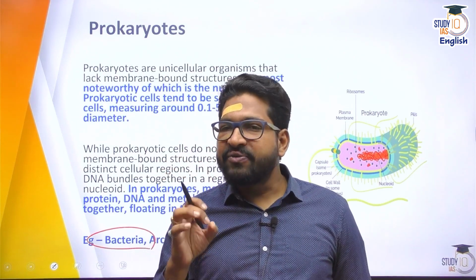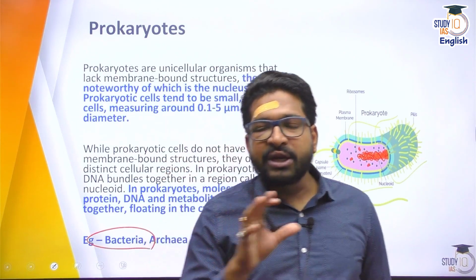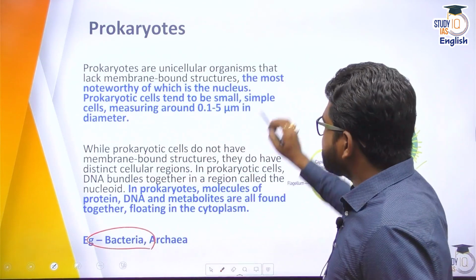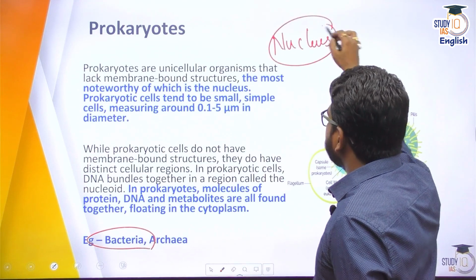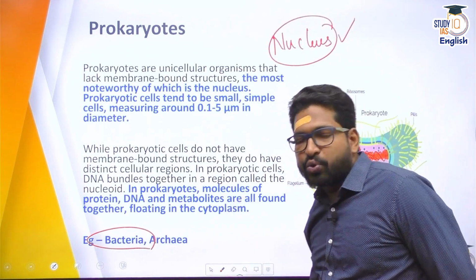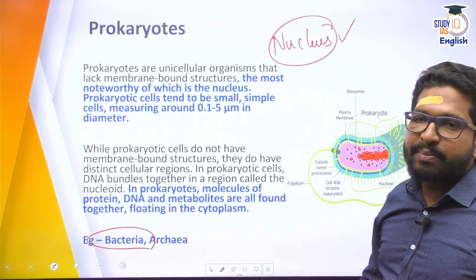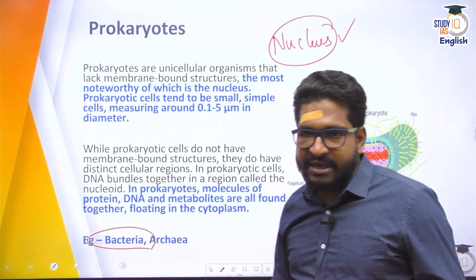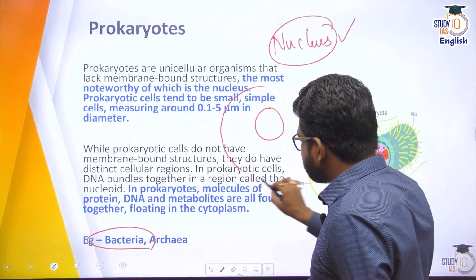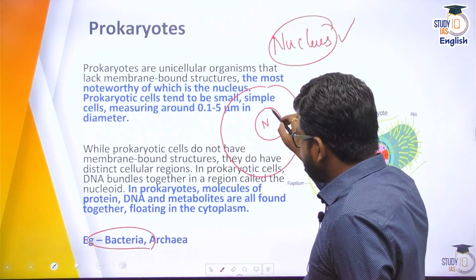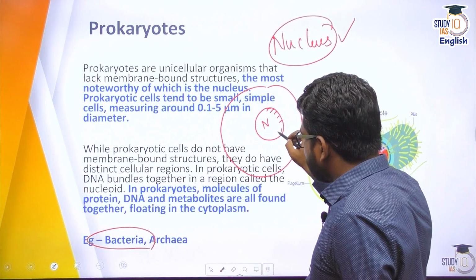And how do we differentiate between prokaryotic and eukaryotic? By understanding the development of the nucleus. Prokaryotic cells do not have a truly developed nucleus. In a eukaryotic cell, the nucleus is enclosed. If this is the cell, then this is the nucleus, and the nucleus has an outer membrane, in fact a double membrane.